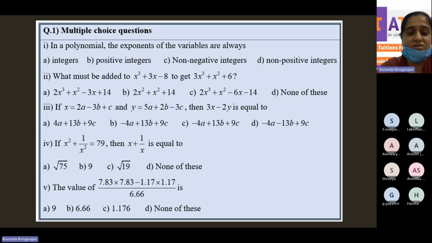Flip back the pages in your notebook and see the definition of a polynomial. All of you do it right now. Polynomial. Non-negative integers, meaning whole numbers. Non-negative integers and whole numbers are synonymous. They mean the same.